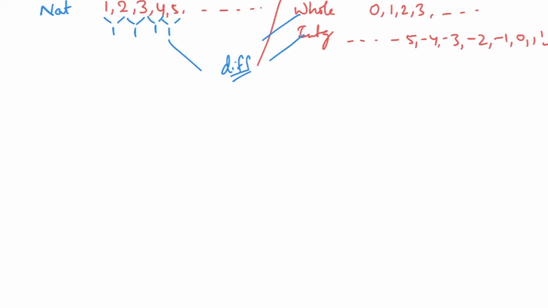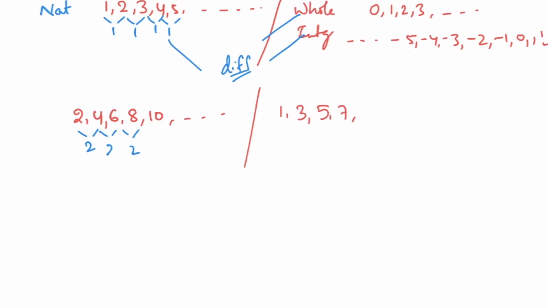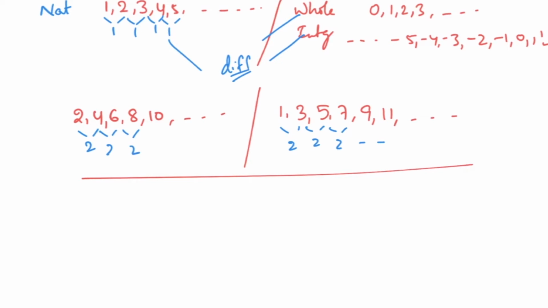In case of even numbers, 2, 4, 6, 8, 10 and so on, even they have common difference, that is 2. And in case of odd numbers, 1, 3, 5, 7, 9, 11 and so on, there is a common difference of 2 units.